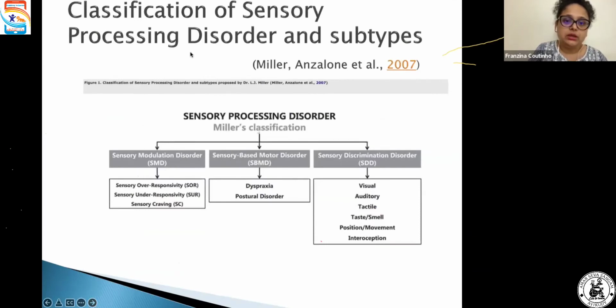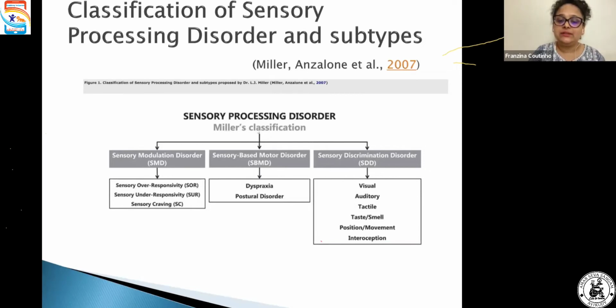Now over here, I want you to look at these. There are two different classifications. This is the old classification in 2007 for SPD, sensory processing disorder, where they looked at three base types. One is a sensory modulation disorder, where you have an over responsive child, you have an under responsive child, or you have a sensory craving child.